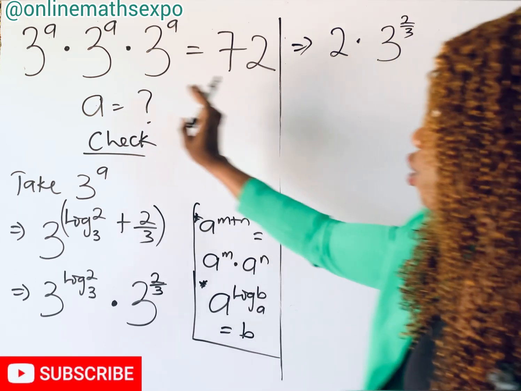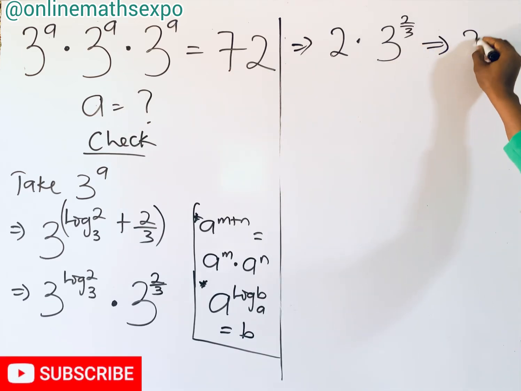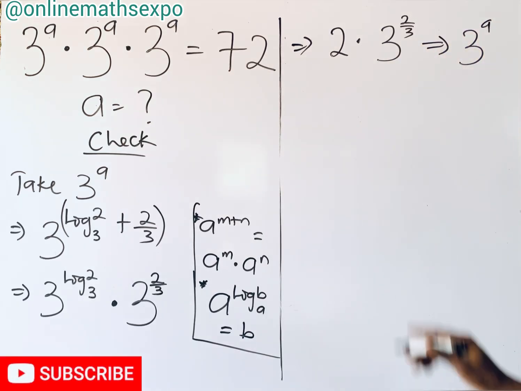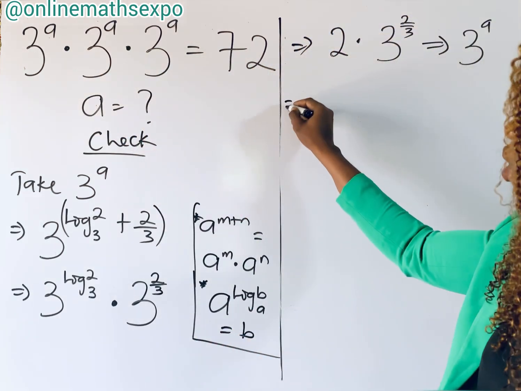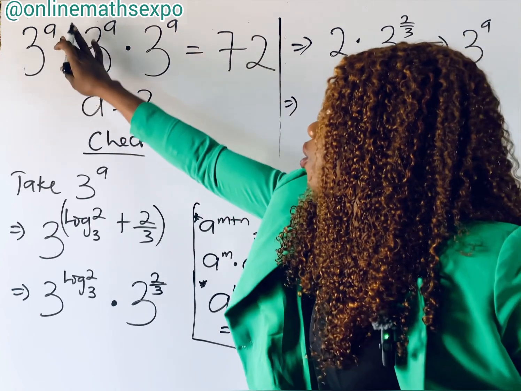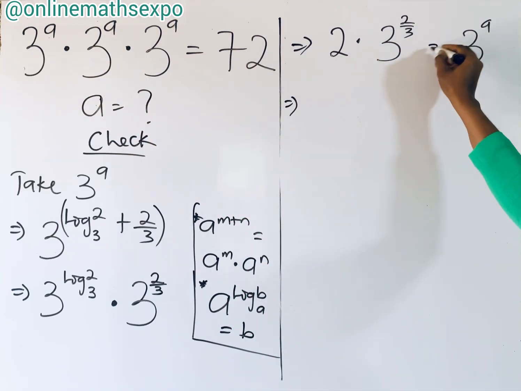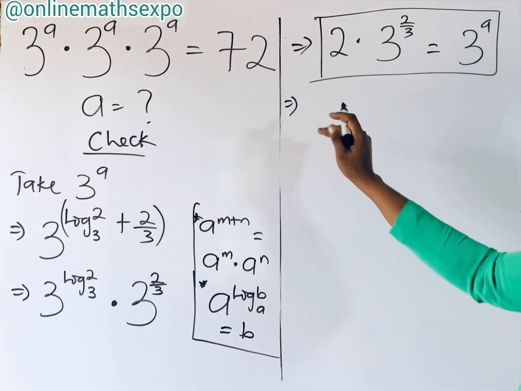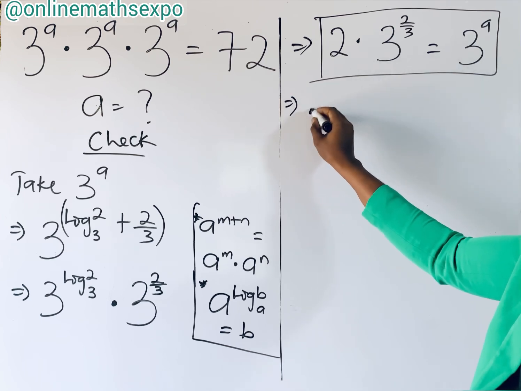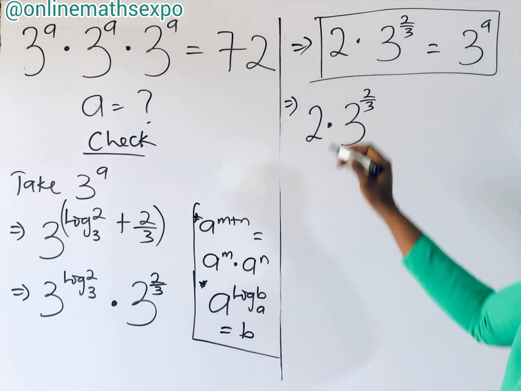Now this is for one of these. This value is for when we have 3 to the power of a. Now we are going to put this for each of these. To do that, we have 3 to the power of a is this. So let's put the times sign. So 3 to the power of a will be 2 multiplying 3 to the power of 2 third.